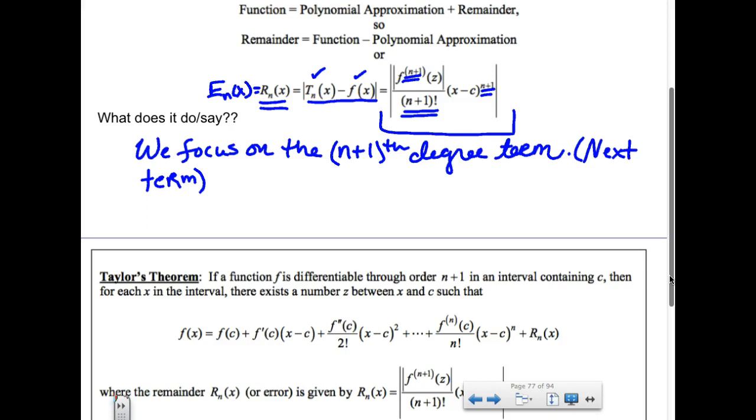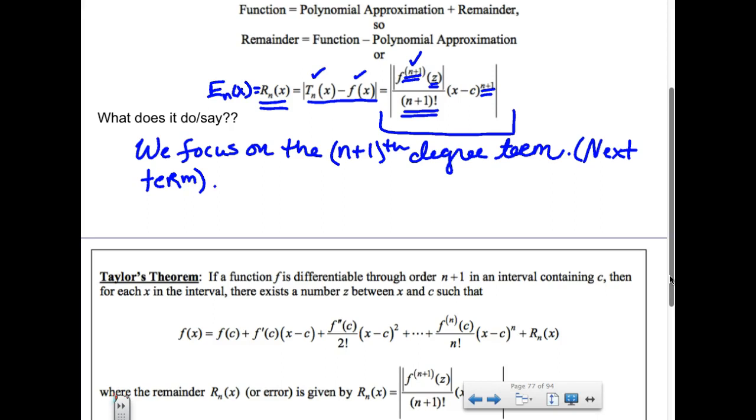Well, on this one, my error is equal to the next derivative evaluated at some number, and that's what we need to talk about, over n plus 1 factorial times x minus c to the n plus 1. What does that mean?